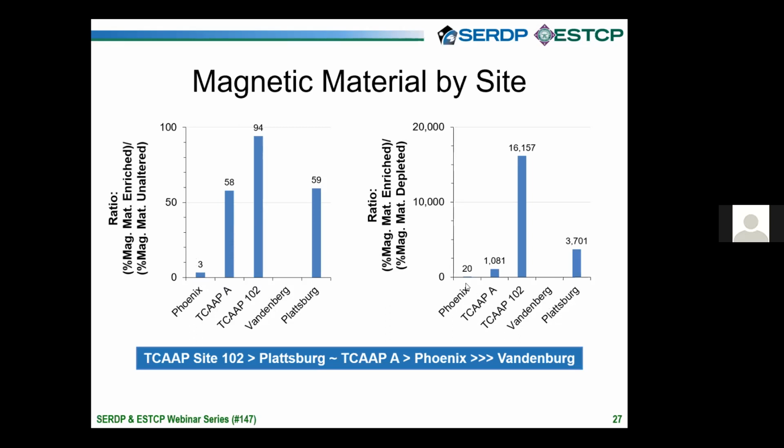It's still notable for the Arizona site and really not detectable for Vandenberg. So we got this nice range of variations in magnetic material among the 5 sites.